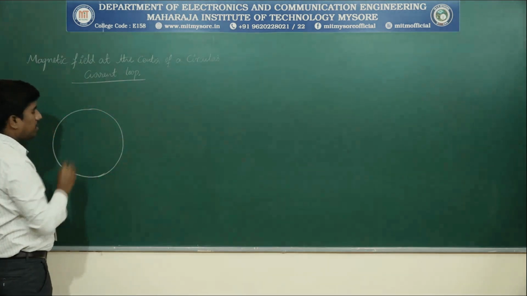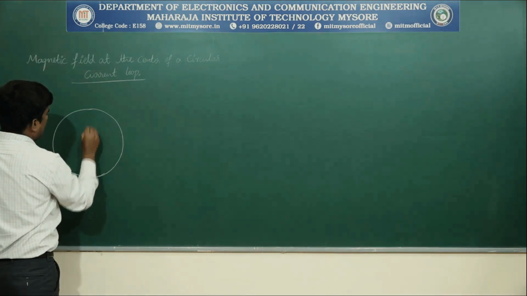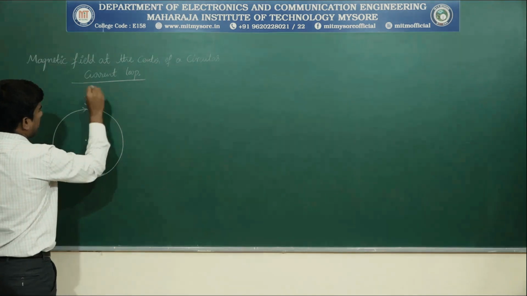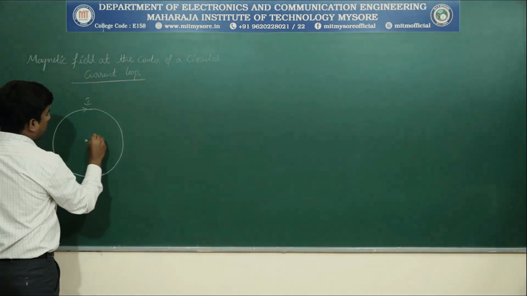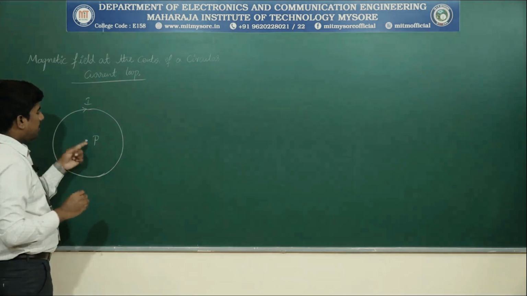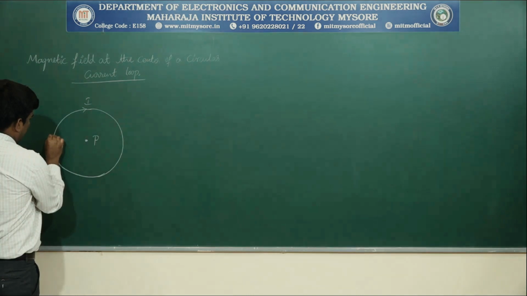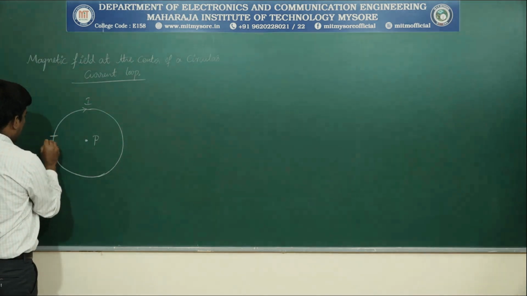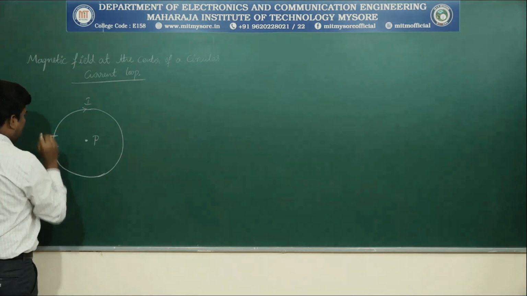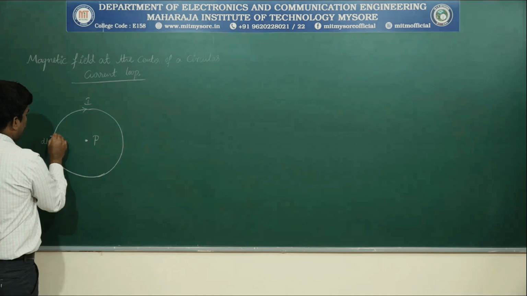Let us have a circular current loop. The current I is flowing in this fashion. Let us choose an arbitrary point P at the center of this circular current loop. Let us choose an elementary length dl on the surface of this circular current loop.